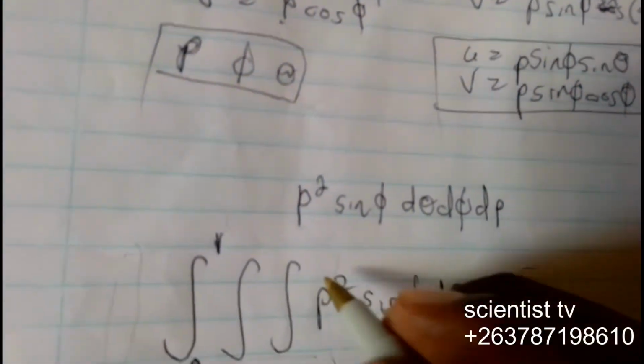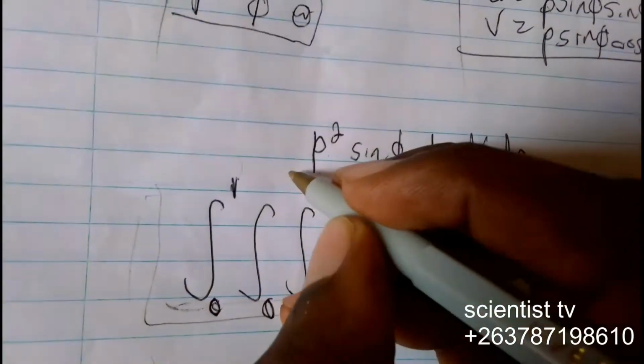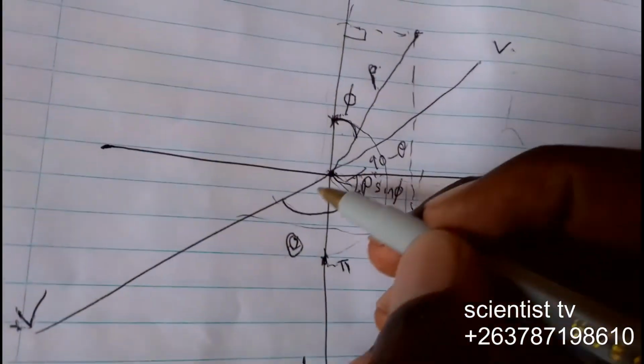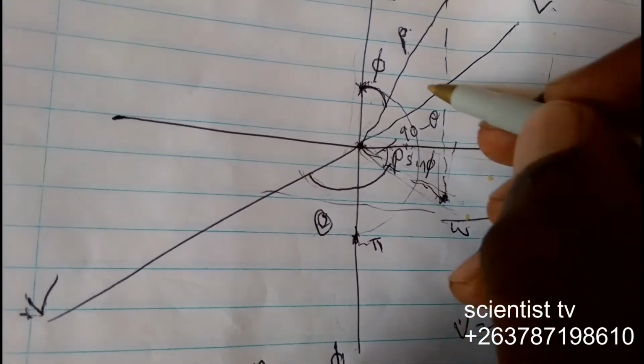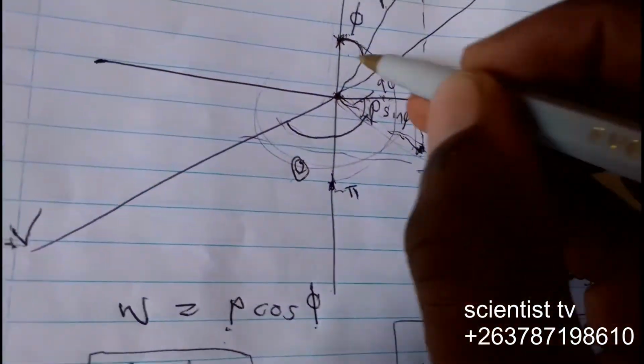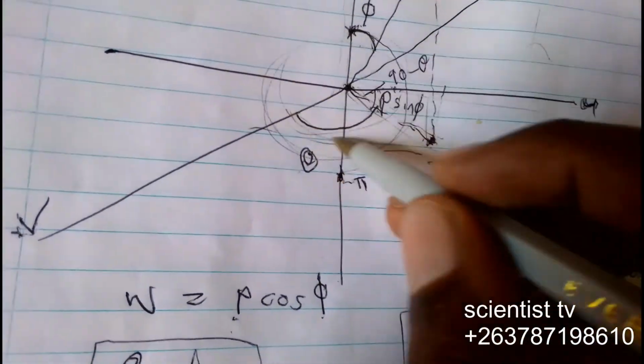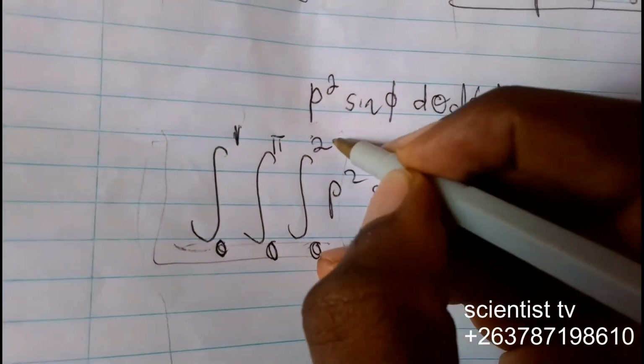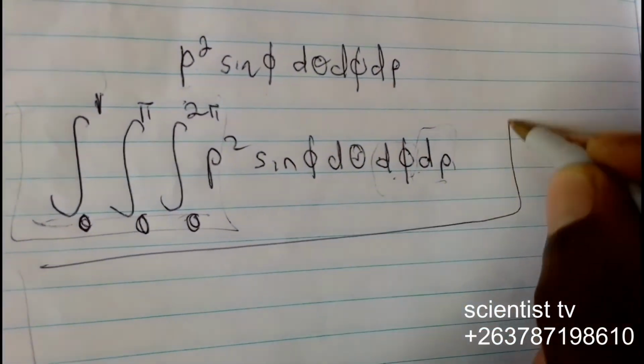What about in the theta direction? We need the whole area of the circle, that means we need the whole revolution, which is 2 pi. So it's from 0 to 2 pi, just like this.